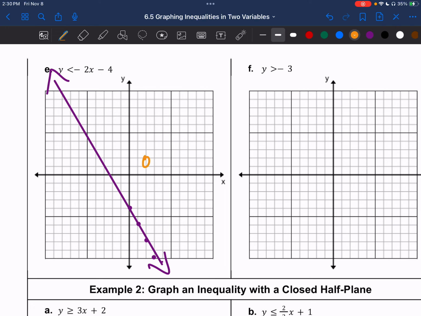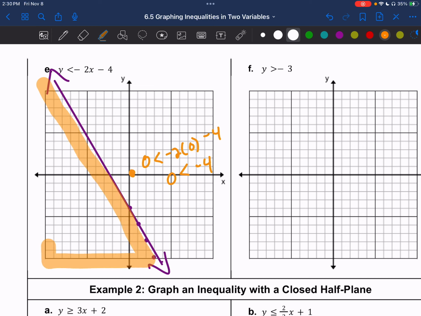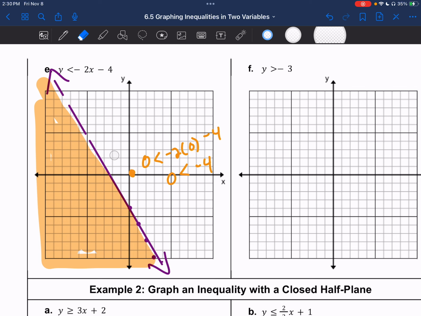Is 0 less than -2 times 0 minus 4? Is 0 less than -4? No, it is not. So we are going to shade to the other side. And I did need to make sure I adjust my line so that it's a dashed line. And there we go.